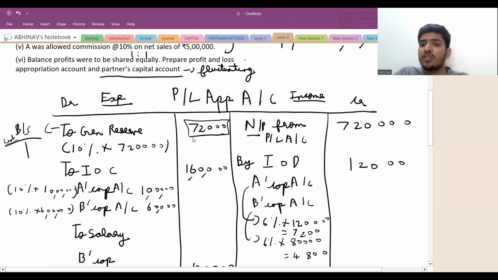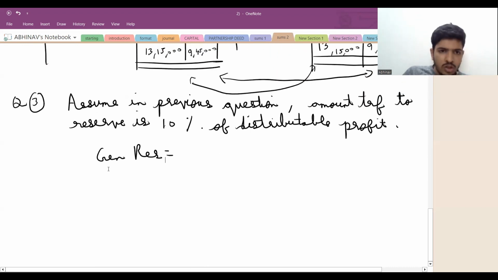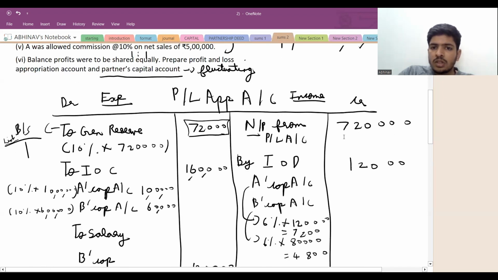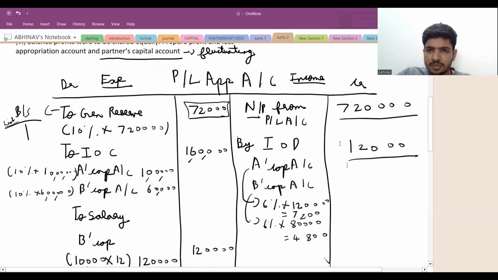But they're saying distributable profit now. What does this mean? That means general reserve is equal to 10 percentage of 7,20,000 plus 12,000. Wait, write it down. I'll tell you why.